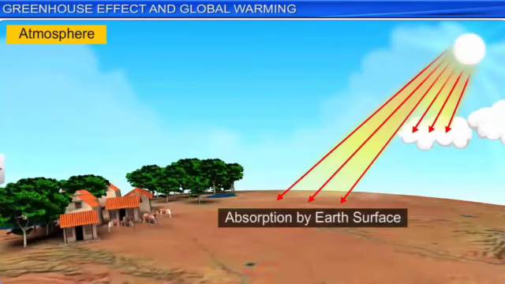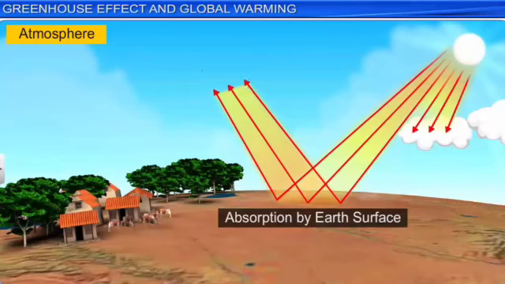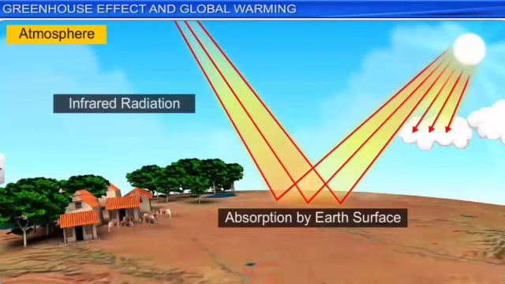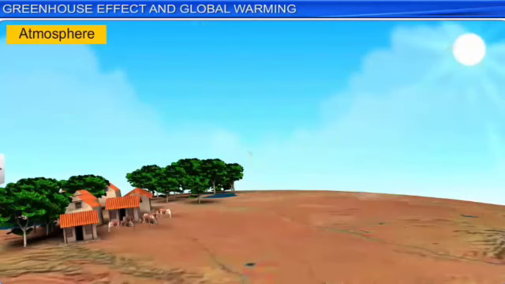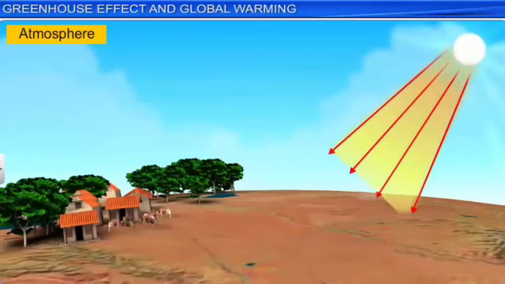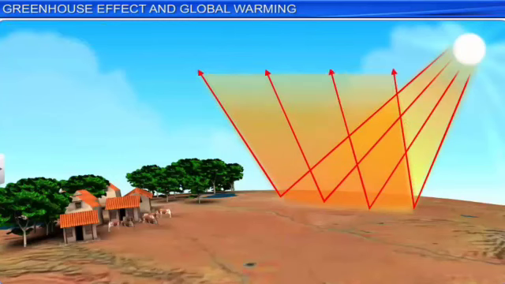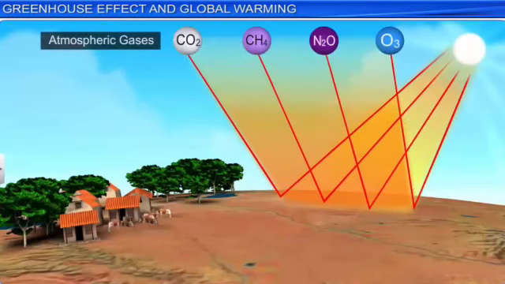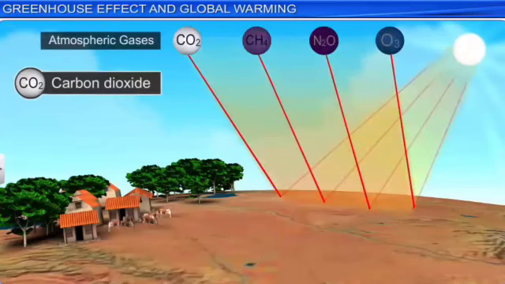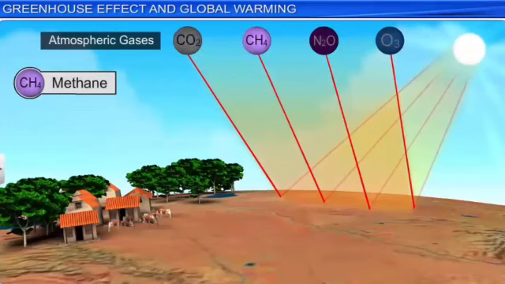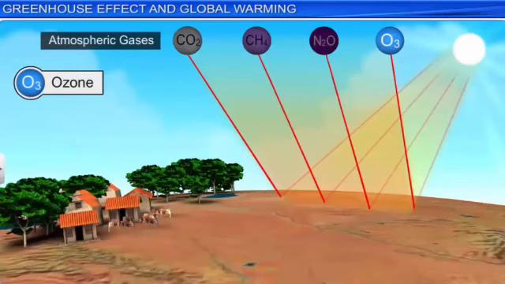The Earth, in return, reflects some of this heat back into the atmosphere as infrared radiation. Most of this long-wave infrared radiation does not escape back into space, as it is absorbed by atmospheric gases such as carbon dioxide, methane, nitrous oxide, and ozone, to name a few.